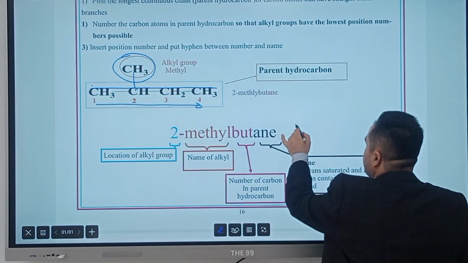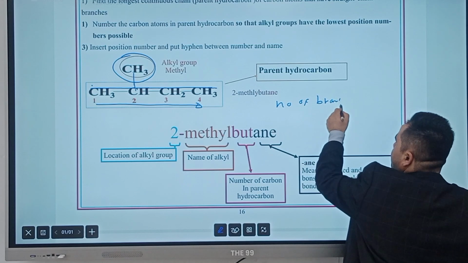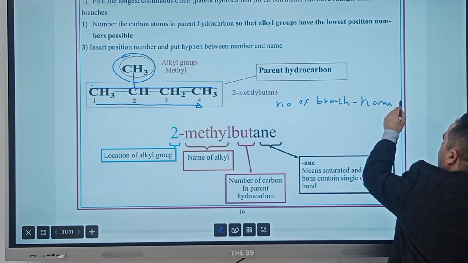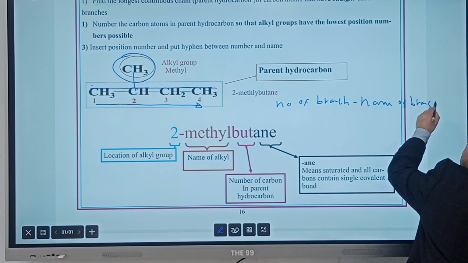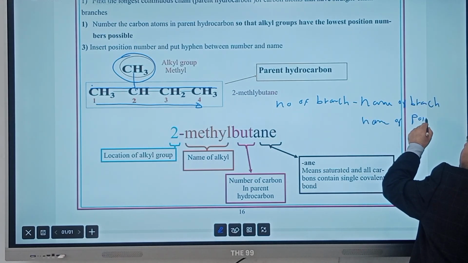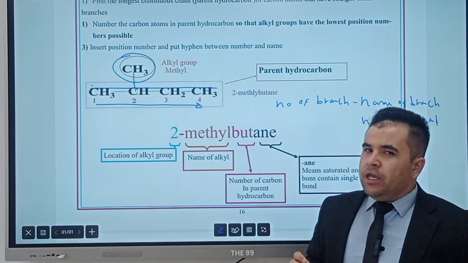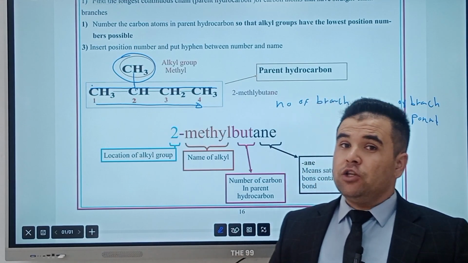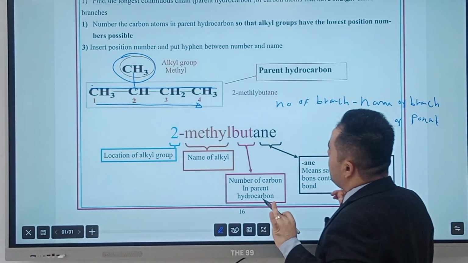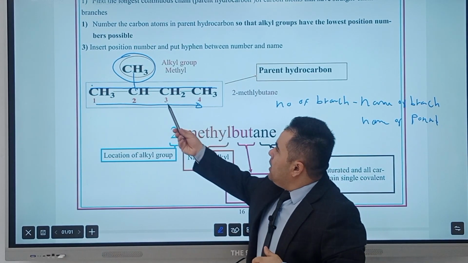And then for the naming, we follow this: number of branch, always hyphen, name of branch, and then name of parent. Always this is the strategy for the branched alkanes.